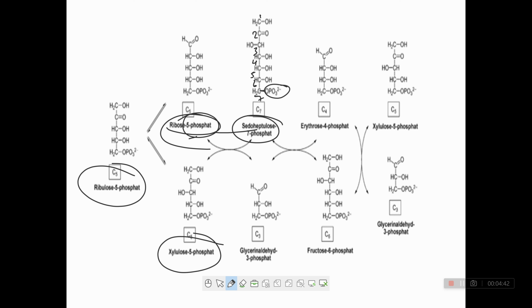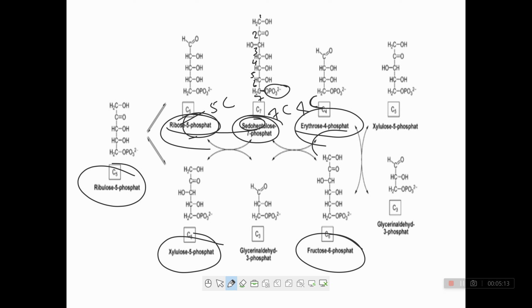After that, sedoheptulose 7-phosphate is converted into erythrose 4-phosphate and fructose 6-phosphate. Erythrose means a 4 carbon molecule, sedoheptulose means a 7 carbon molecule, and ribulose is a 5 carbon molecule.